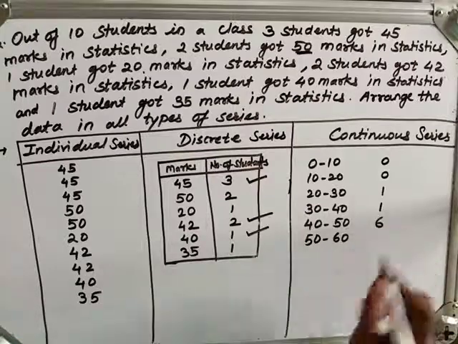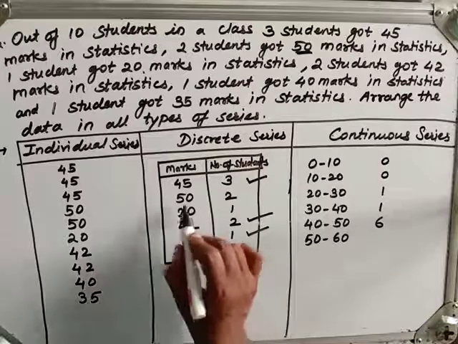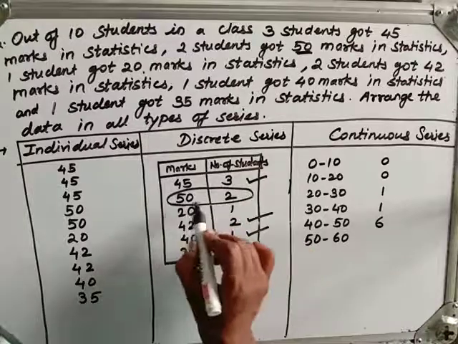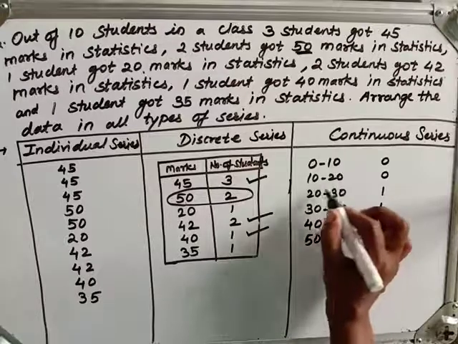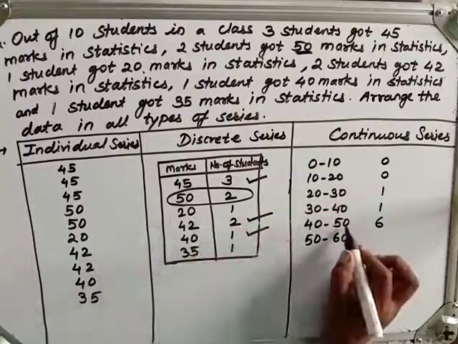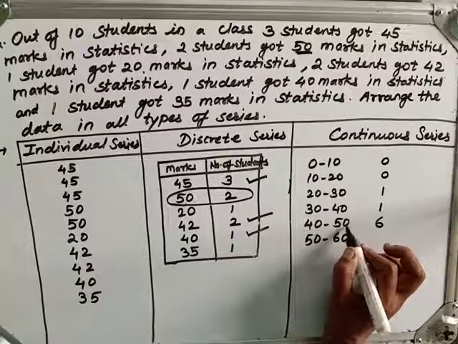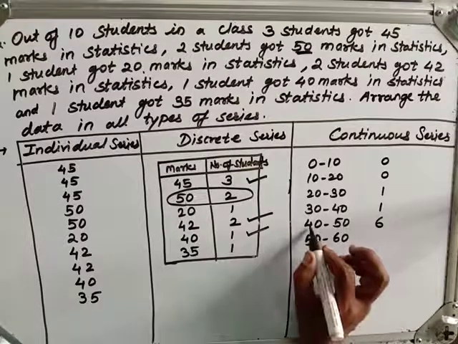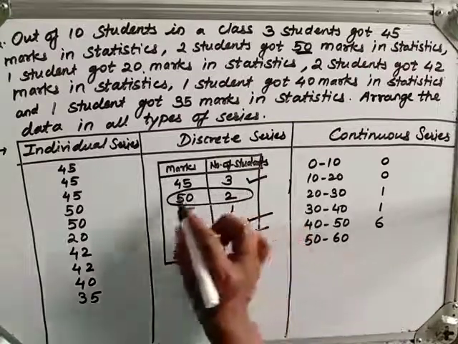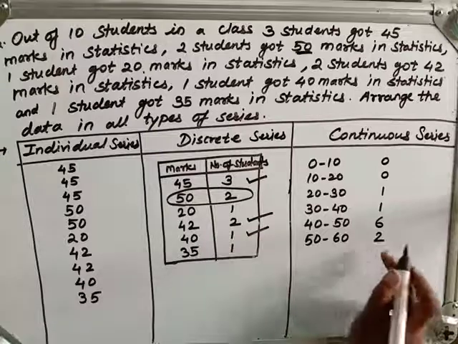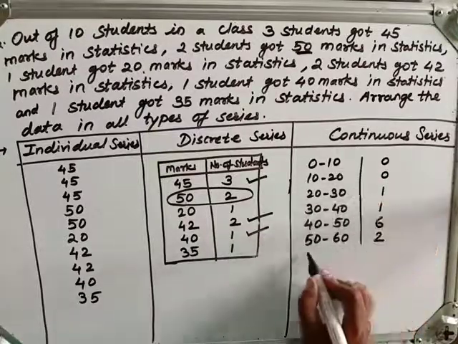So the frequency of that class is 6. Now 50 to 60, there are 2 students who got 50 marks. As we saw for 20, this 50 is a lower limit and belongs to this class. Whenever it is an upper limit, it doesn't belong to that class. So the frequency of that class is 2.